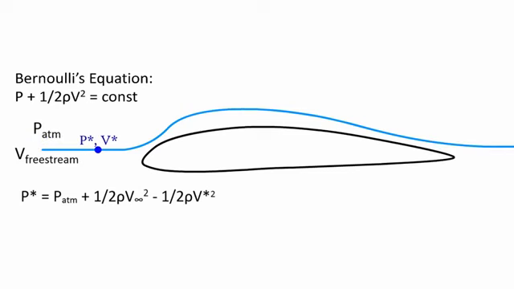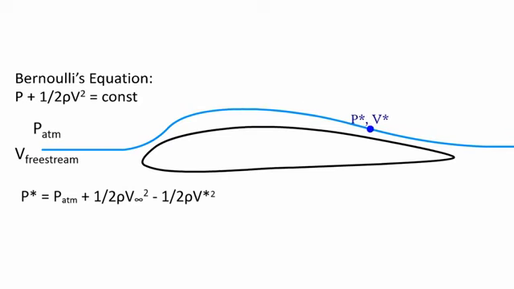Now, this greatly simplifies the momentum equation of the flow to the form known as Bernoulli's equation. Viscous forces are eliminated from this equation, and all that's left is the exchange between the pressure and the inertia of the fluid.